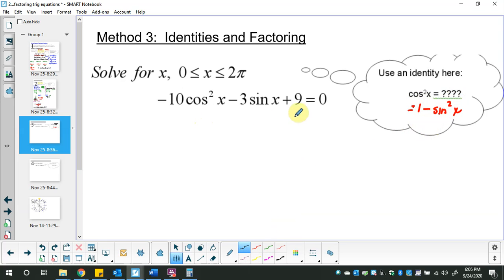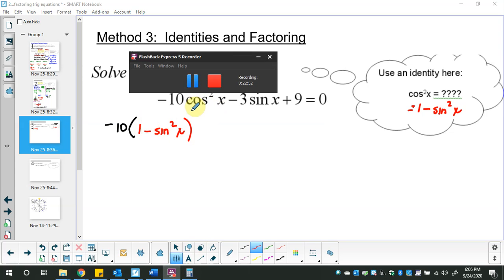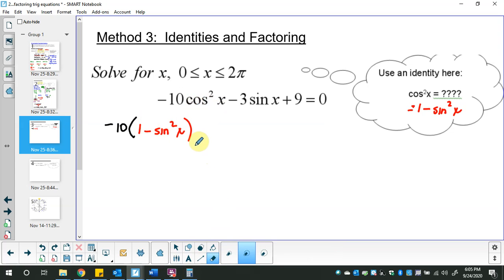So I'm going to write all this down. So -10 bracket, and then in that bracket, instead of cos squared x, I can put in 1 minus sine squared x. So that's the replacement there, minus 3 sine x plus 9 equals 0.